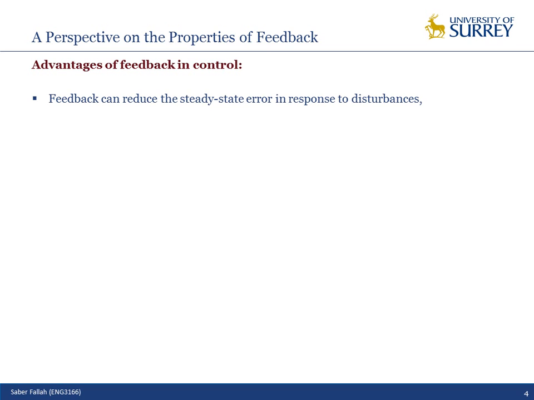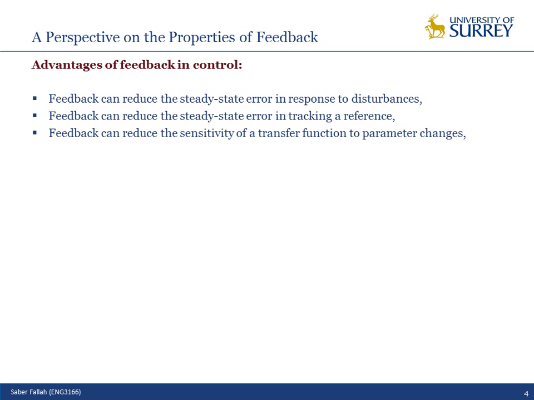Okay, so feedback can reduce the steady error in response to disturbances. You knew that from the year 2 control system module. But mathematically, how is it possible? I will let you know in this session, hopefully, if I have time. Feedback can reduce the steady state error in tracking a reference. Feedback can reduce the sensitivity of a transfer function to parameter changes.